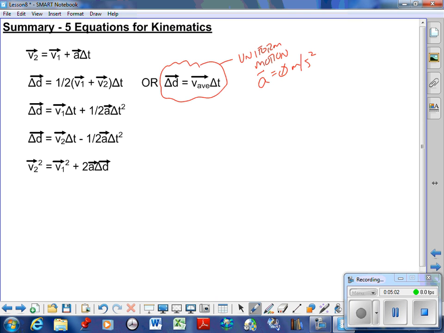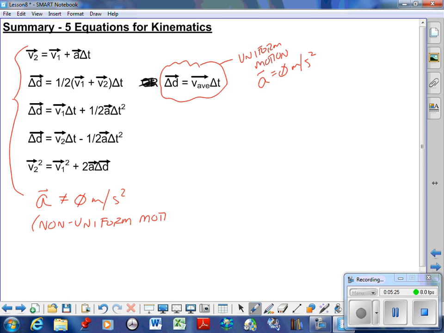And then these are your equations, your 5 kinematics equations when acceleration is not equal to 0 meters per second squared. That would be non-uniform motion.